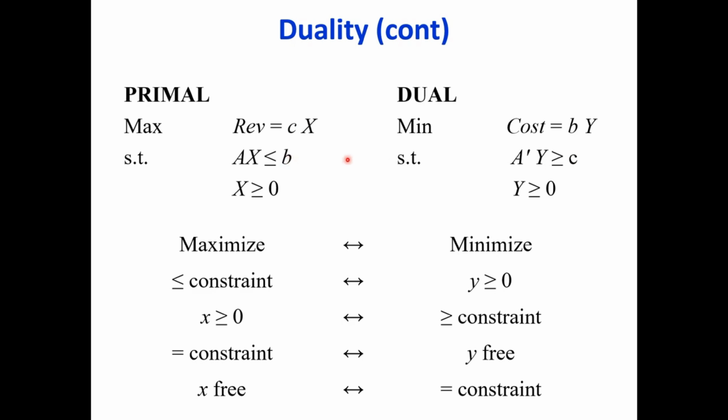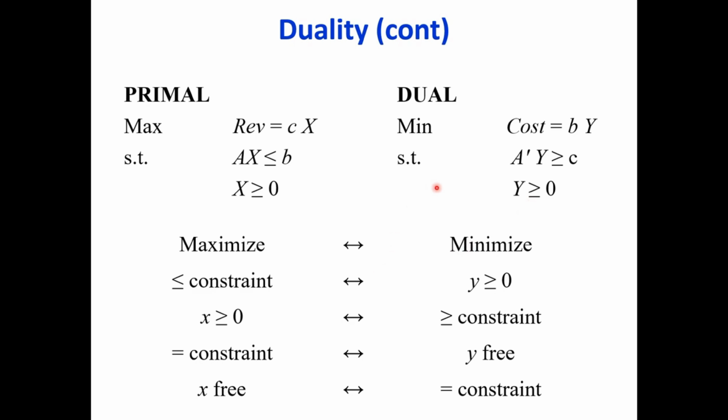So the b goes up into there, and the c goes down into here. Because of this requirement of non-negativity, this constraint has to be greater than or equal to c.